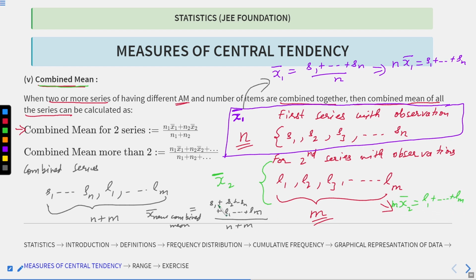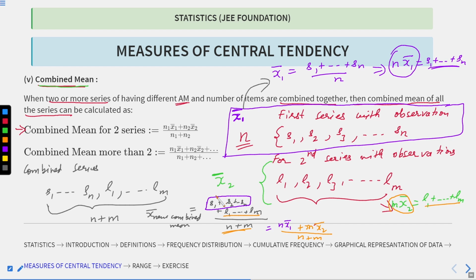I hope this is clear. I just replace S1 plus S2 plus till Sn by n times x1 bar, and I replace L1 plus till Lm by m times x2 bar, and the denominator is n plus m.